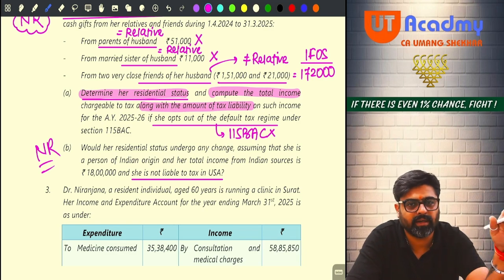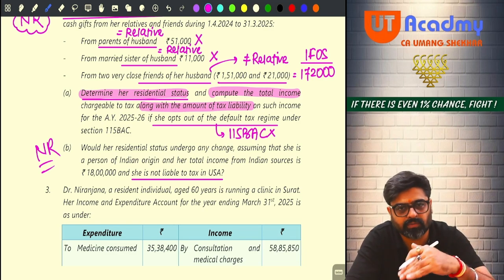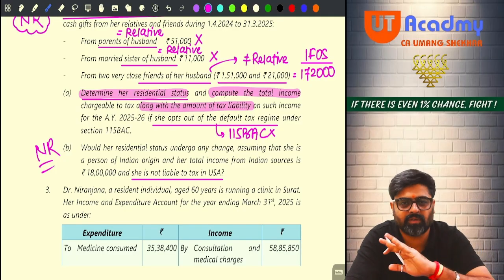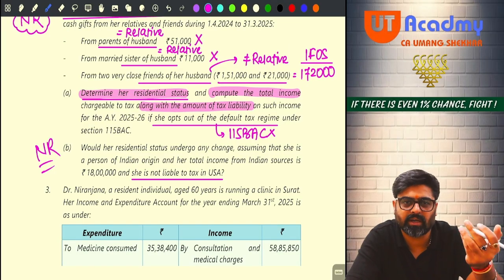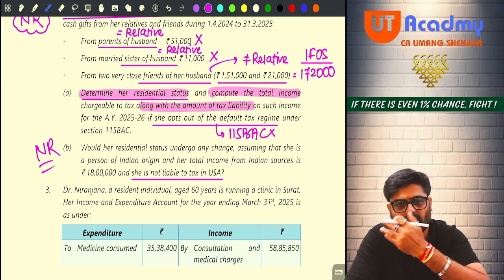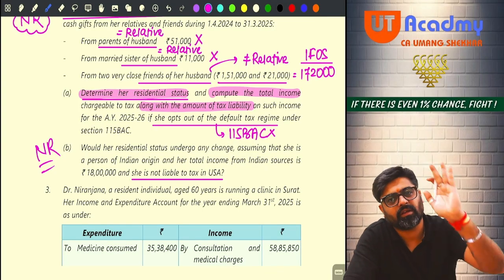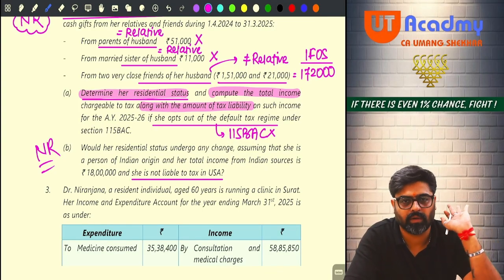Stay in India 120 days or more in the current year, and in the last 4 years it should be 365 days or more. But in the case of Charlie, this basic condition B is not fulfilled. A is not fulfilled, and basic condition B is also not getting fulfilled. Hence, our residential status will remain non-resident only.